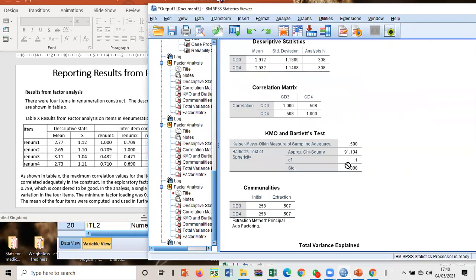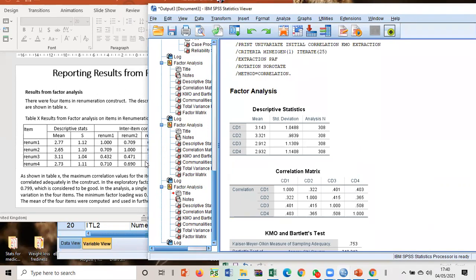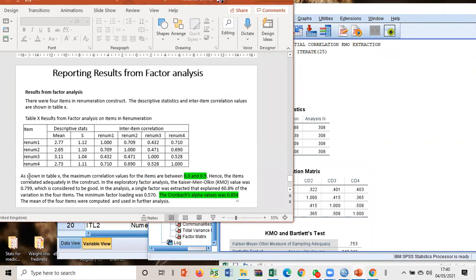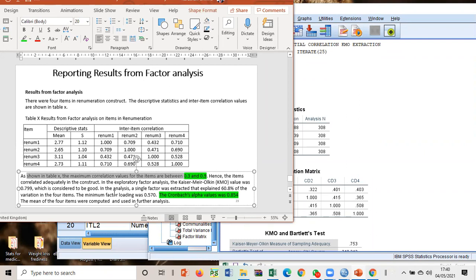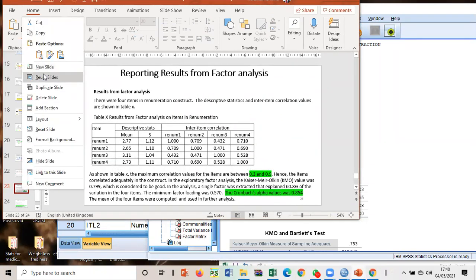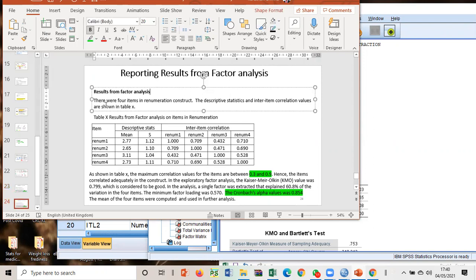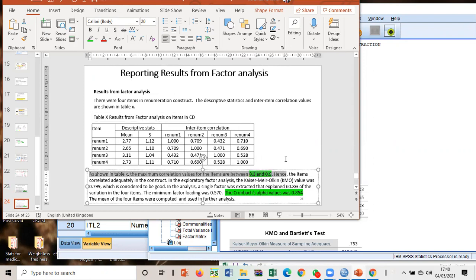So in this case, how do you report? First, is it okay? At first, are they all okay? The first statement, yes. So this is for this construct, CD. So this all were okay.